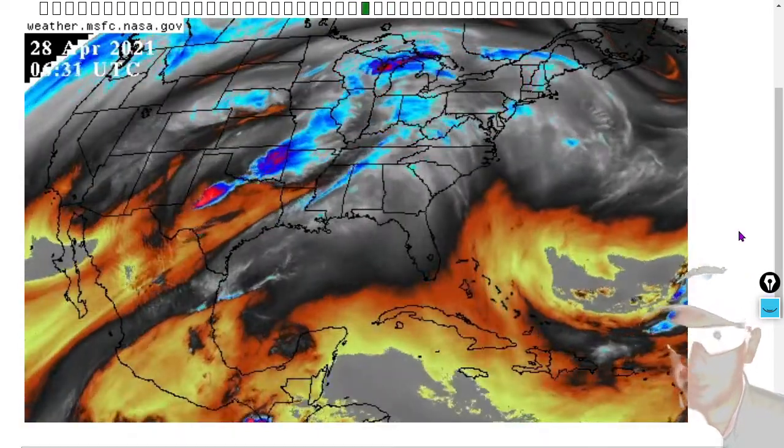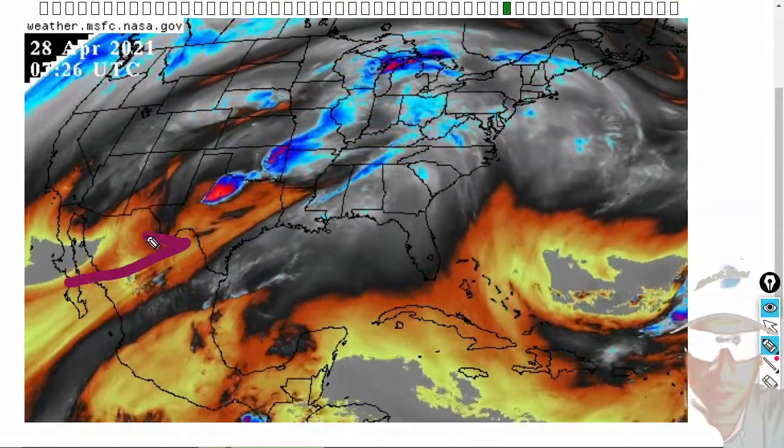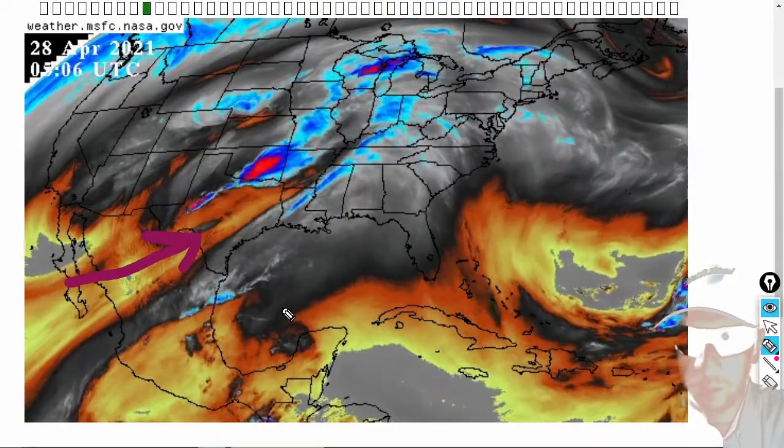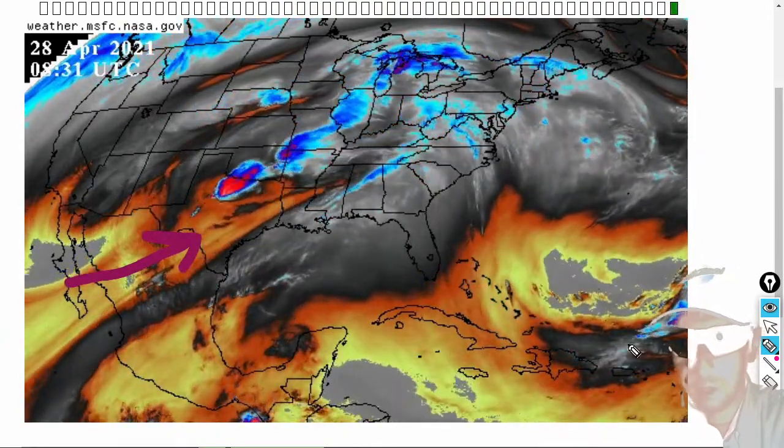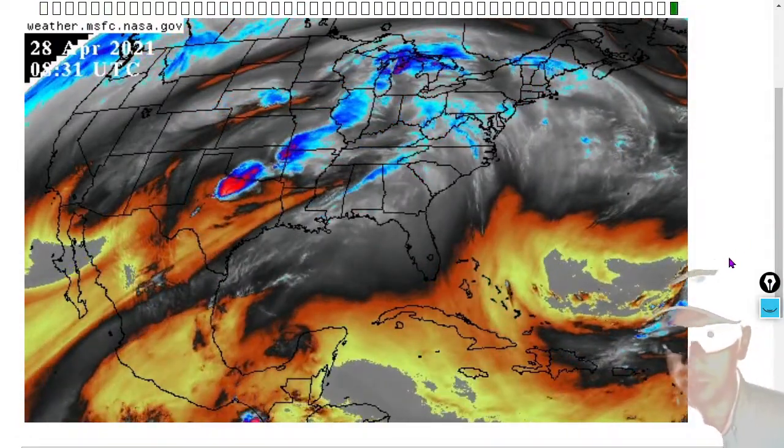And you can expect these systems to move rather slowly here. As you can see, this dry air is not moving particularly quickly. The jet stream isn't really playing much of a role with this, and that is why these systems are going to stagnate a little bit.